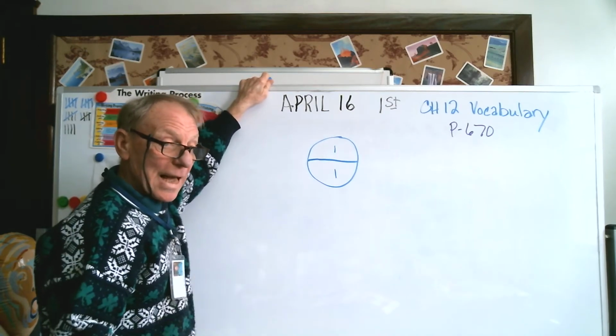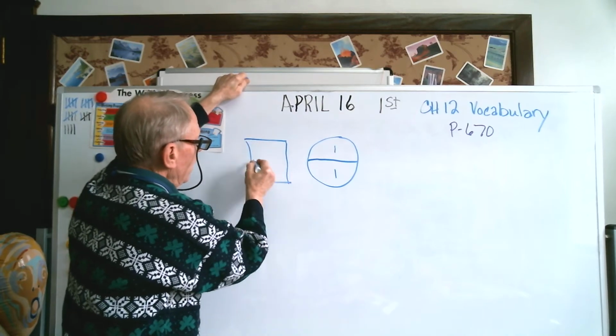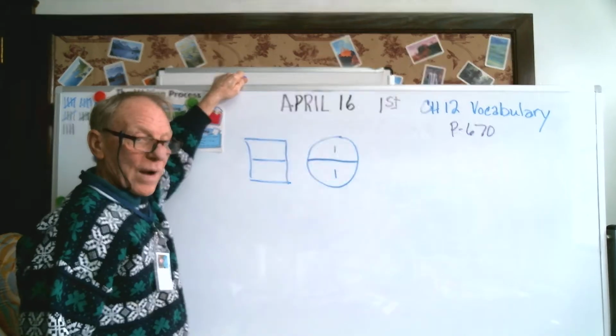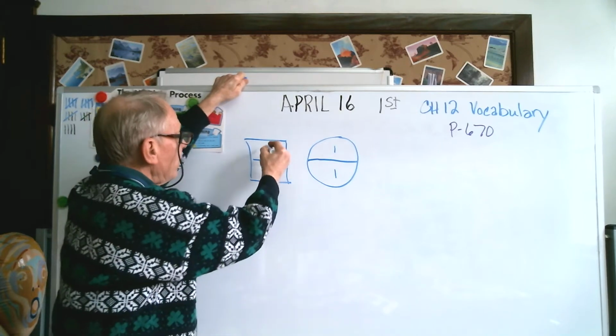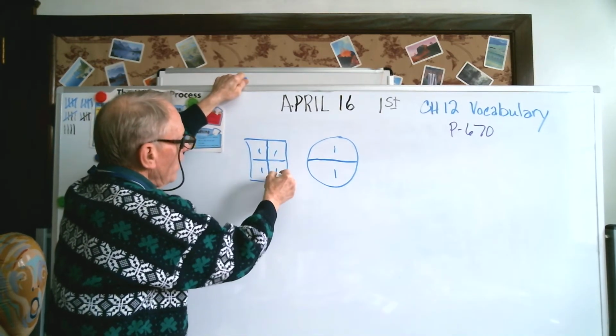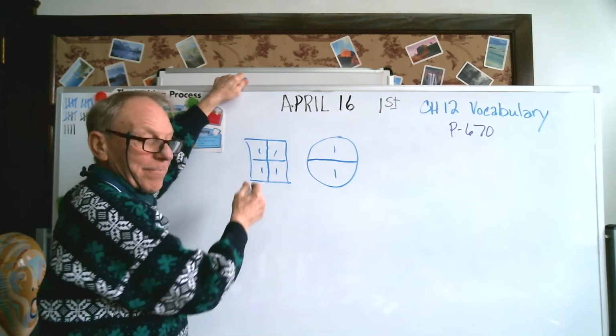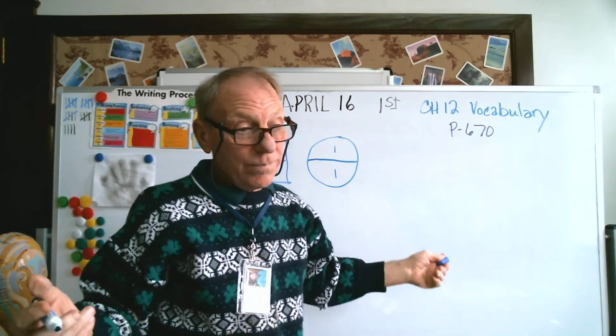They would be exactly the same. You could do the same thing with a square. Split it in half. You could even split it again, and each part would be equal. They are the same. Equal parts.